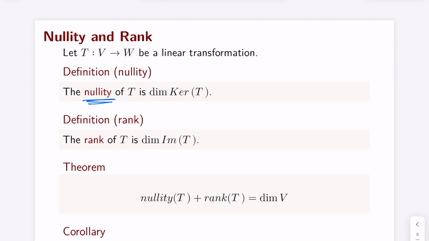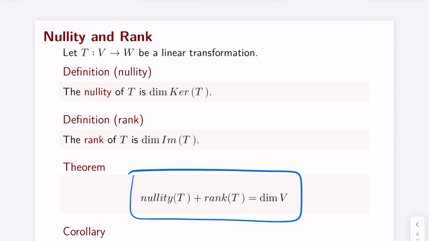Also, it's true the equality that relates these two numbers, a very important equality, that says that the nullity plus the rank, the addition of these two dimensions, always adds up to the dimension of V.